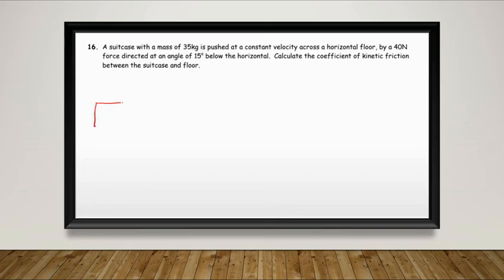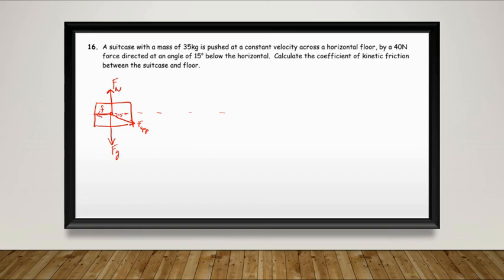So if I have my object here, I have my normal force going up, I have my force of gravity going down, and then I have my applied force at a 15-degree angle, and then we have the force of friction.